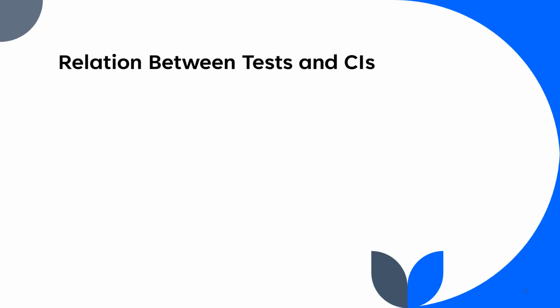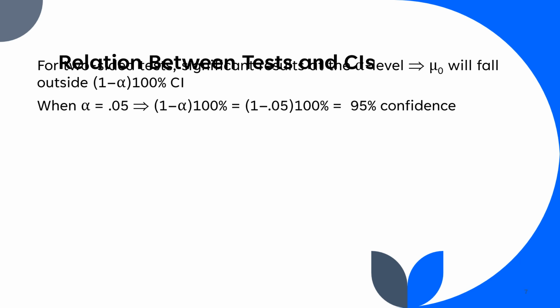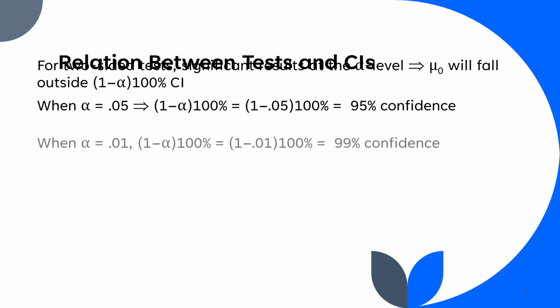The relation between test and CI is, for a two-sided test, with a significant result at level alpha, the null mean will fall outside the confidence interval, with confidence level 1 minus alpha times 100%. When alpha is 0.05, the answer is 95% confidence.